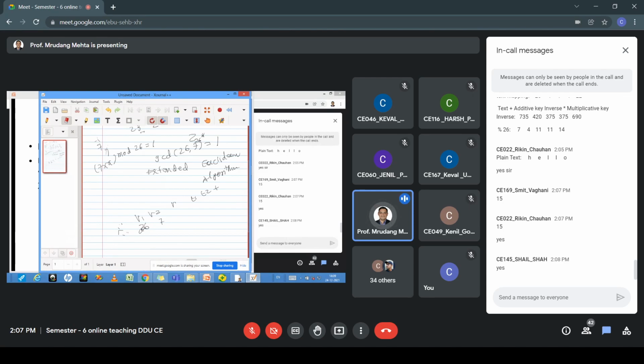Okay, so finally we will get 15. So 15 is going to be our key inverse, k inverse, right?